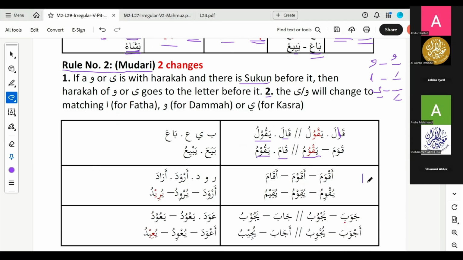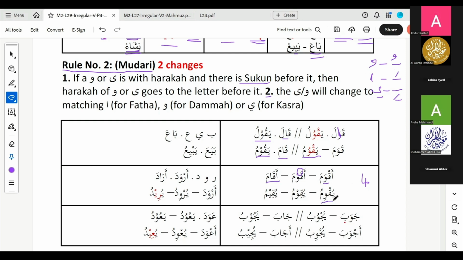So here we have form 4, af'ala pattern, aqwama. So aqwama, here the waw is with harka. Before that letter we have sukoon, so we have to transfer this harka to the first letter. So it becomes aqawma, and then here waw has to be changed according to this harakat. So for fatha we have alif, then it becomes aqama.